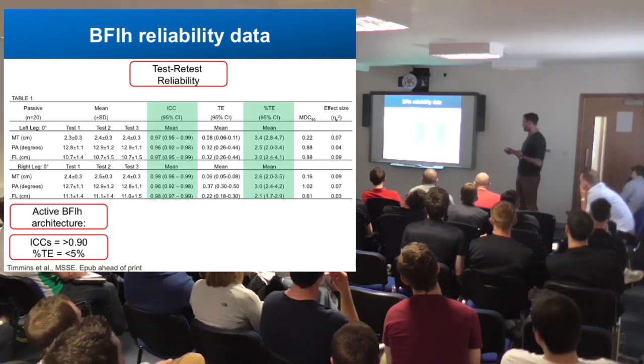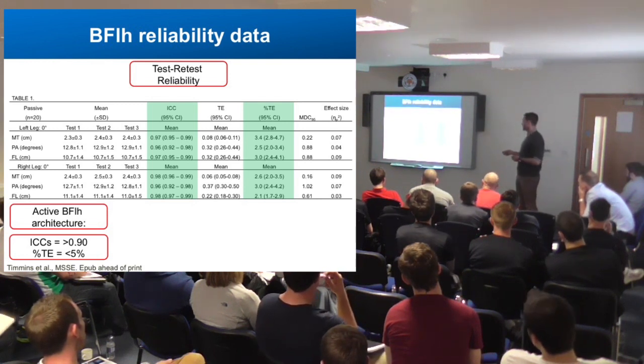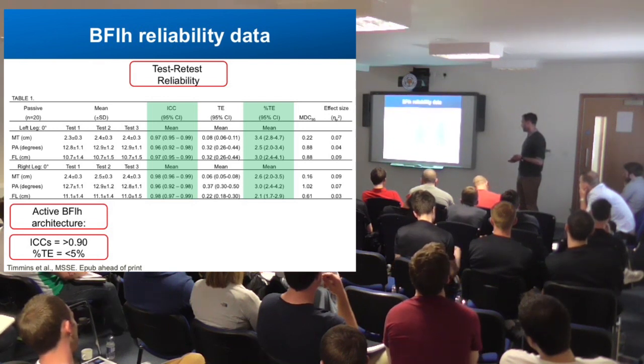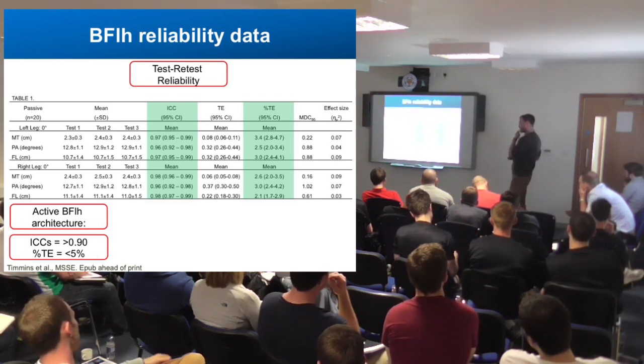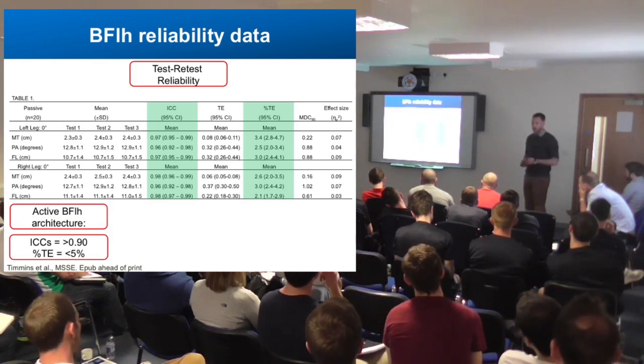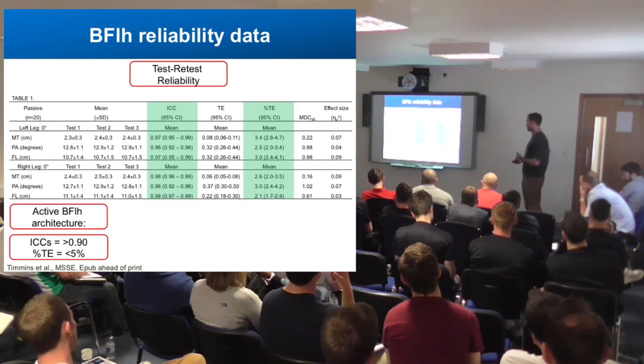For percent typical error, closer to 0 means the lower amount of variance we get, and we've got everything below about 4%, which is good for us. This is during rest, and while we're contracting it's pretty comparable again. So it's reliable data within a certain range, and we can move forward from there.